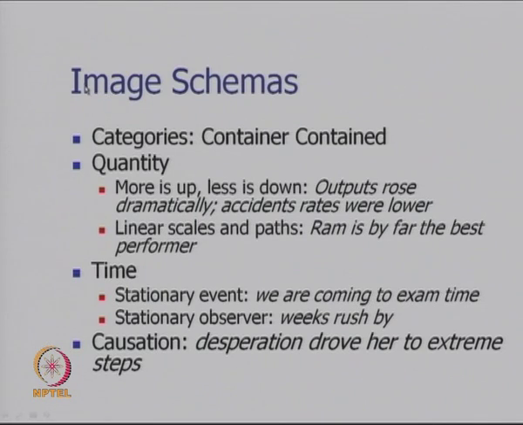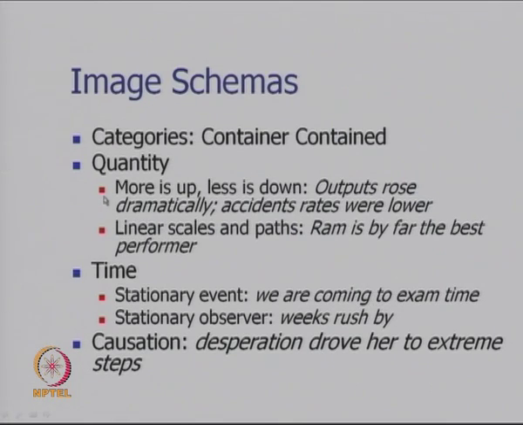Then there are what are called image schemas. So, image schemas are very rich situations describing different kinds of metonymy. So, there are categories like container and contained. Suppose we discuss metonymy in terms of quantity. So, more is up, less is down.